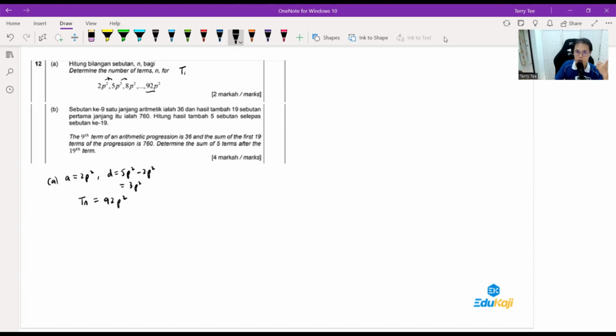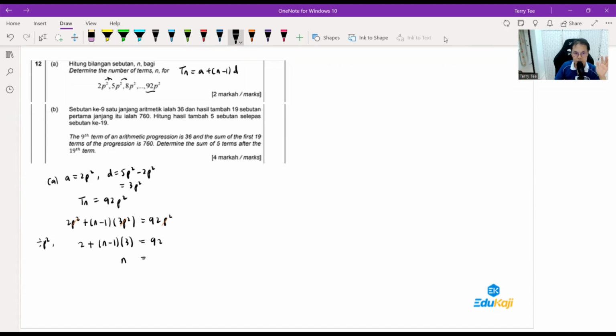Remember, for the nth term of an arithmetic progression, we use a plus n minus 1 d. In this case, my a is 2p squared, n minus 1, my d is 3p squared. The outcome is 92p squared. Now, actually, the p square is a bit annoying. You can divide by p square and cancel all the p square off. That makes our life easier. 2 plus n minus 1 times 3 equals 92.